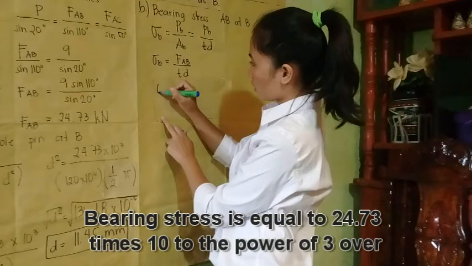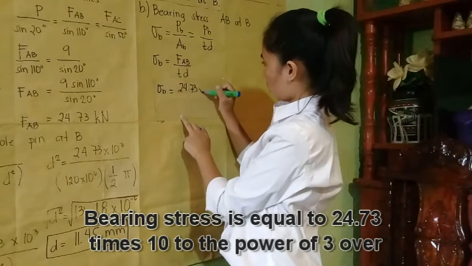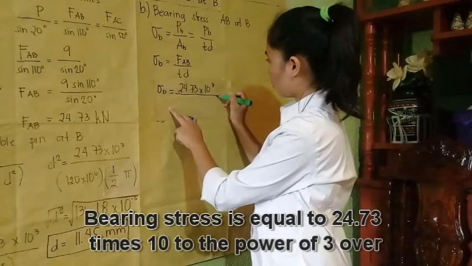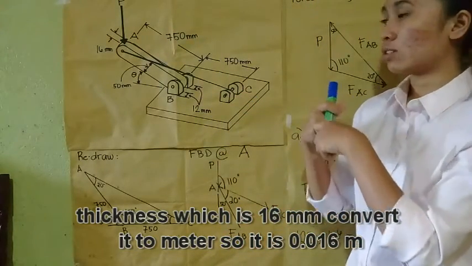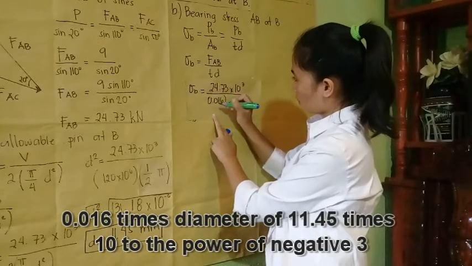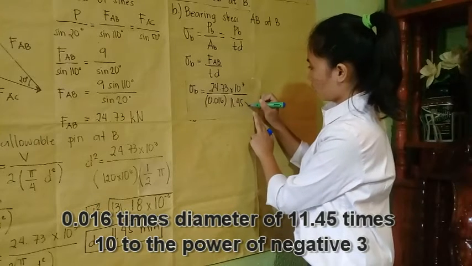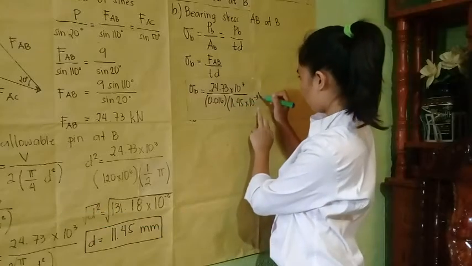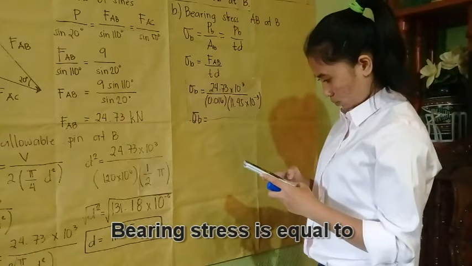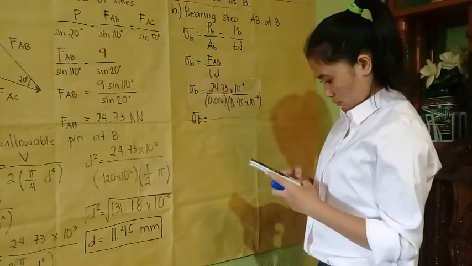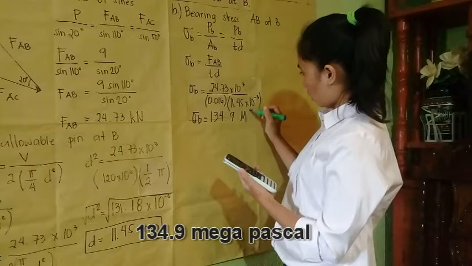The bearing stress is equal to 24.73 times 10 to the power of 3 over thickness, which is 16 millimeters, converted to meter is equal to 0.016 meter, times the diameter we're going to use, 11.45 times 10 to the power of -3. So bearing stress is 134.9 megapascal.